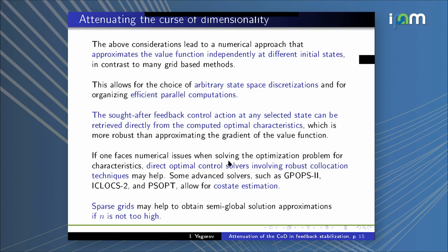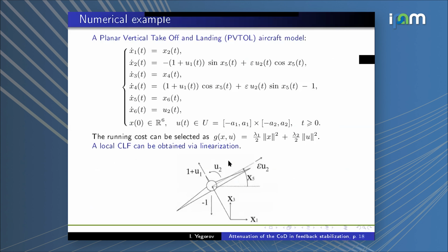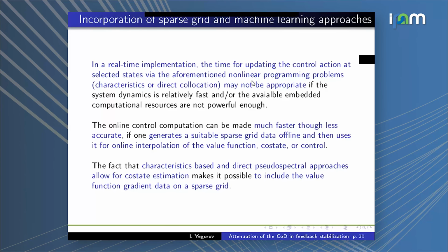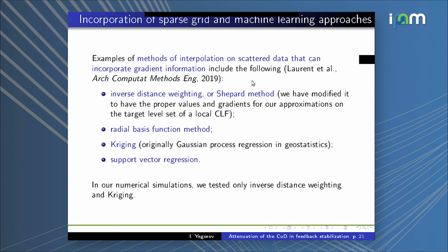If we know this gradient, we can incorporate it. And that's why we can use the methods of interpolation on scattered data that can use the gradient information. There are several methods of this kind. Let me just list some of these methods. This may be inverse distance weighting, also called the Shepard method.